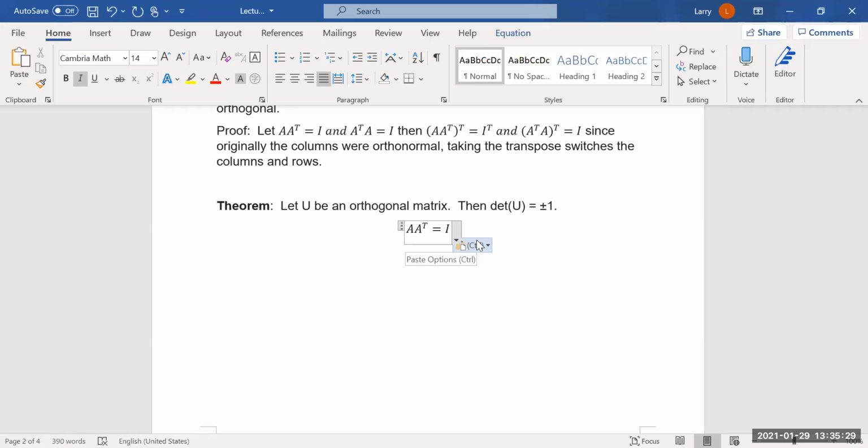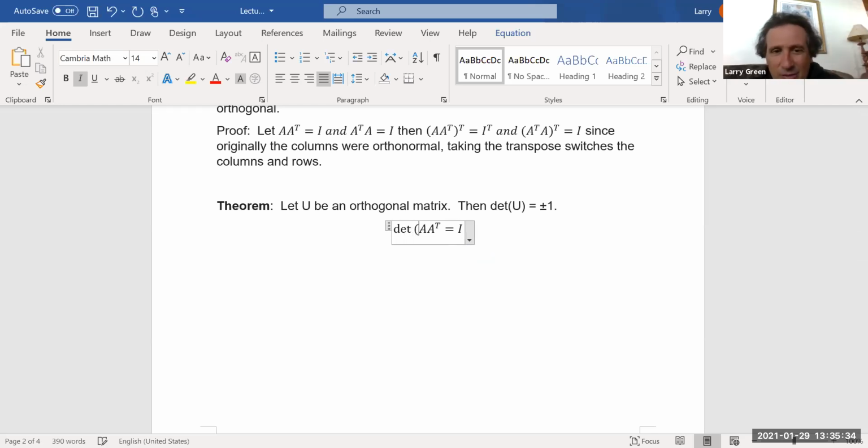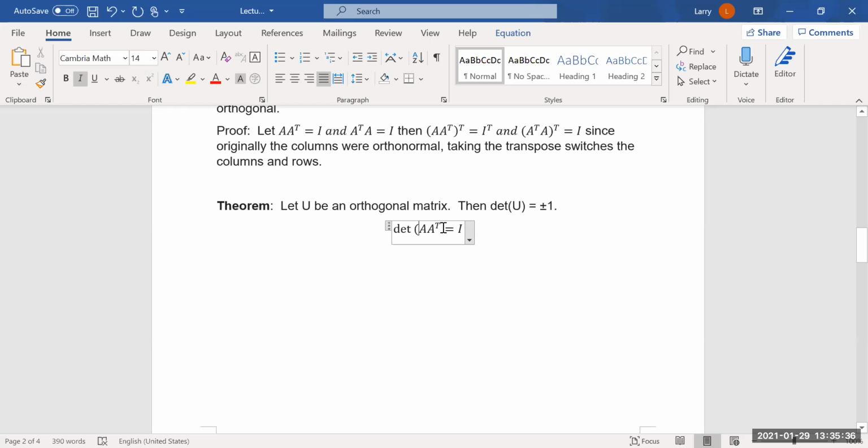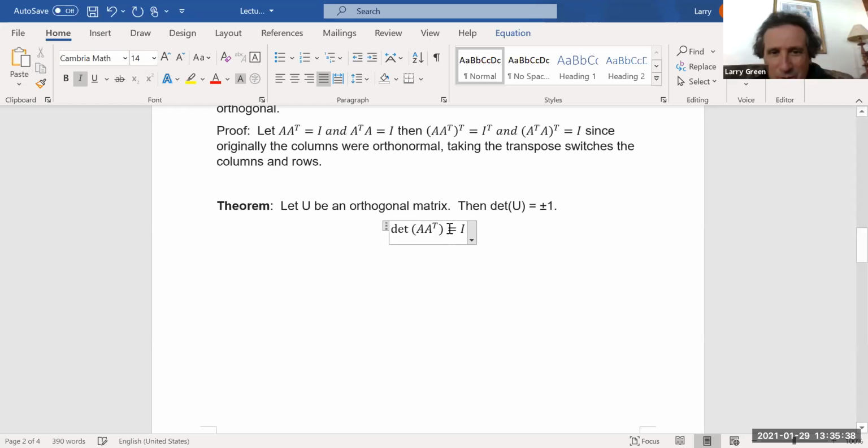Okay, so then take the determinant of both sides. That we can do, and that we're always allowed to do. You can always do the same thing to both sides. And what is the determinant of the identity? That you're all supposed to know. Yeah, that's 1.